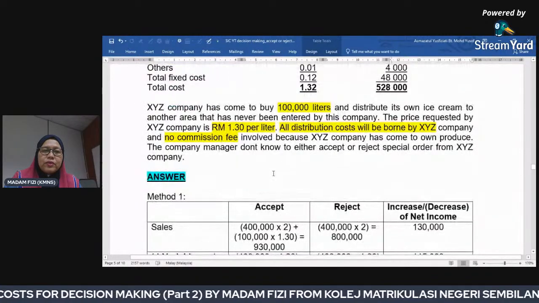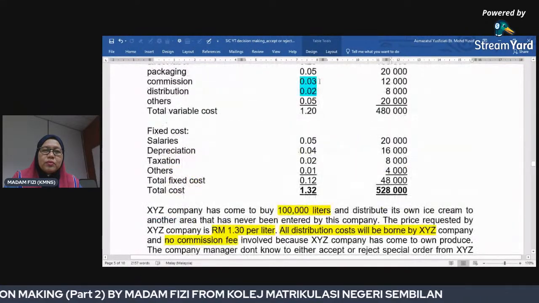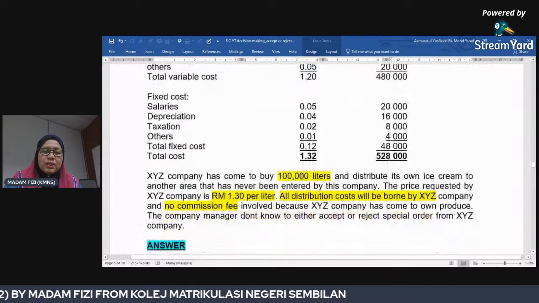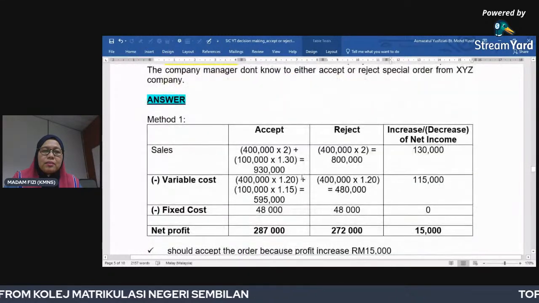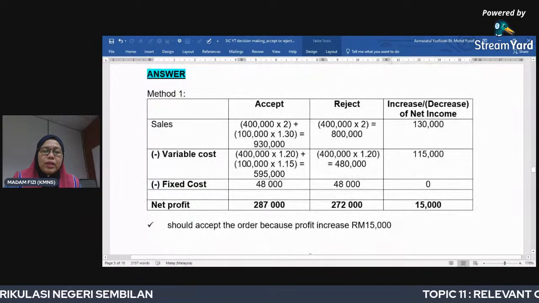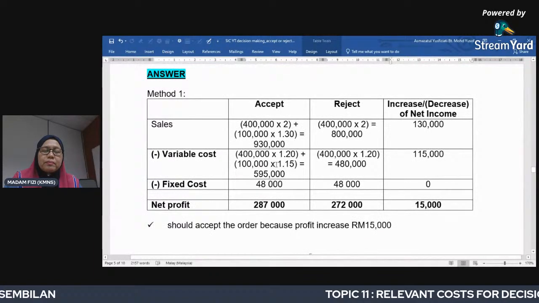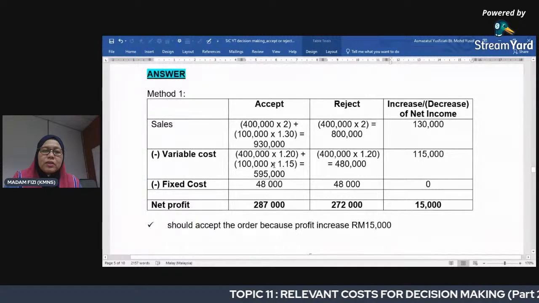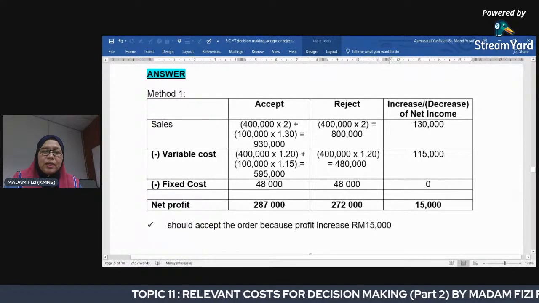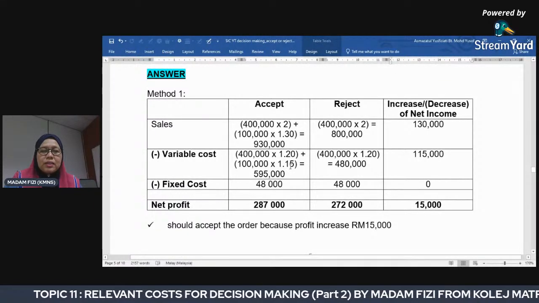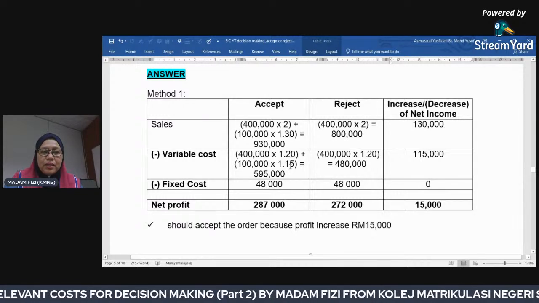And the commission fee. Okay, that amounted to 5 cents, right? 5 sen. So, if we accept the special order, the 100,000, the variable cost is left at RM1.15 because the 5 cents is not there.